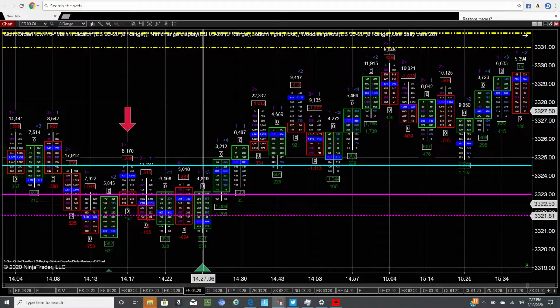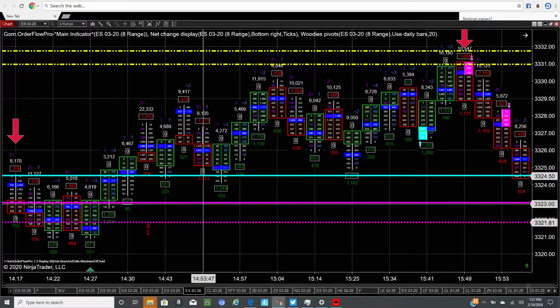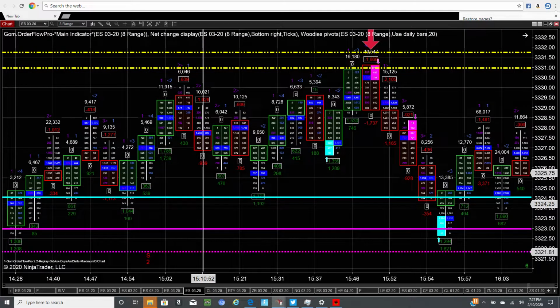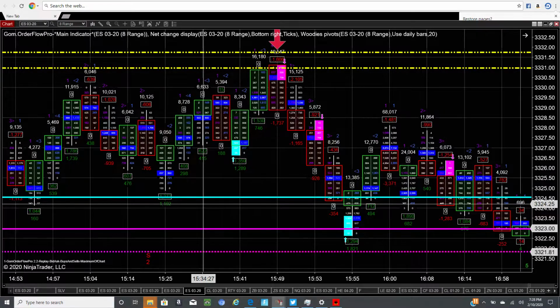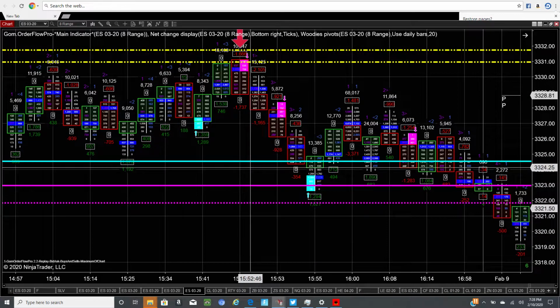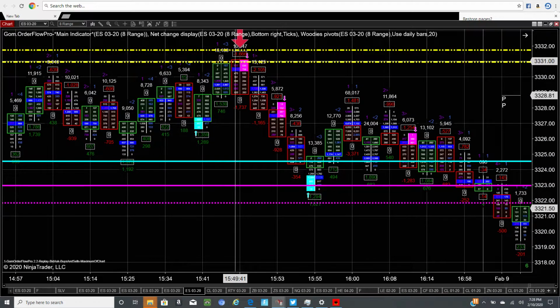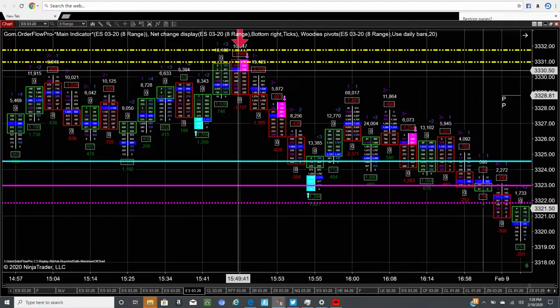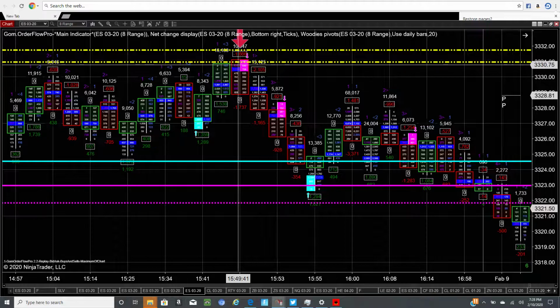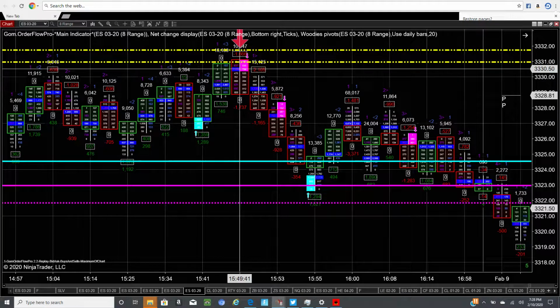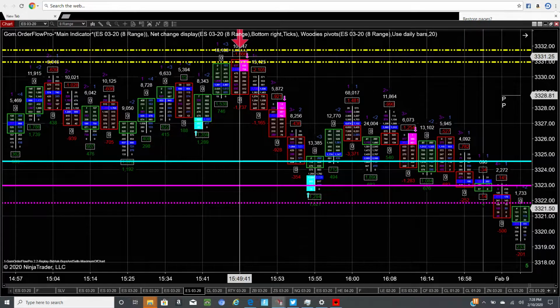So you're getting some really good juice there. That's going to help you rock and roll. And then we have a sell signal right here off the hybrid, 3 ticks off the high. The point of control is within 3 ticks of the high. And we're in a yellow zone. Boom.